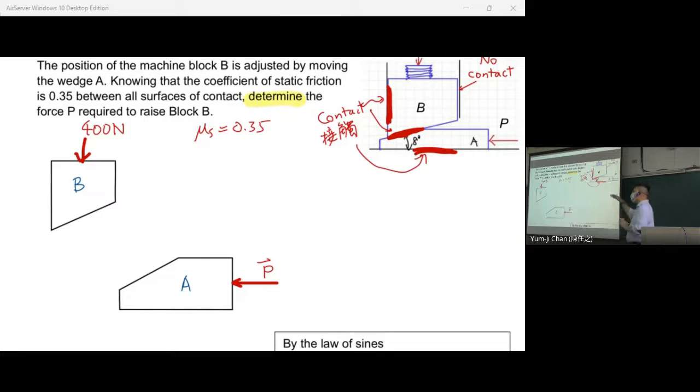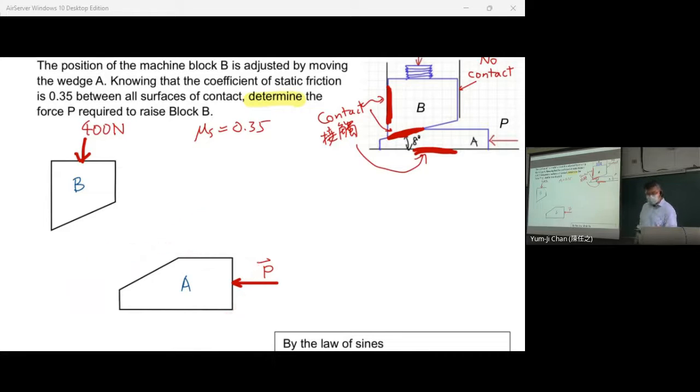The most difficult thing in this problem is how to draw the free body diagram. Let me remind you. Now, let's work on this one first.